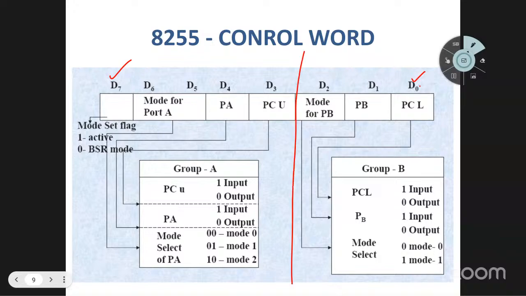The 24 I/O lines are divided into groups. Group B, this is the port C lower, port B.